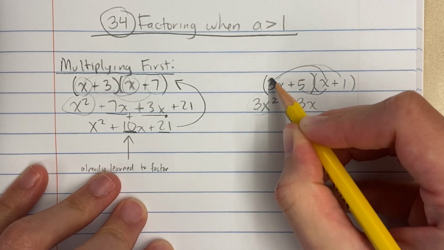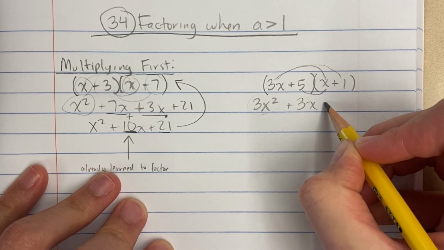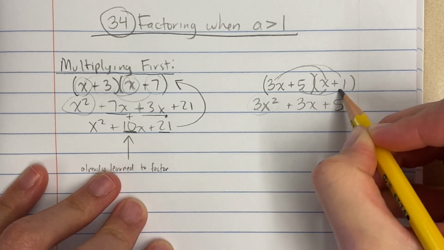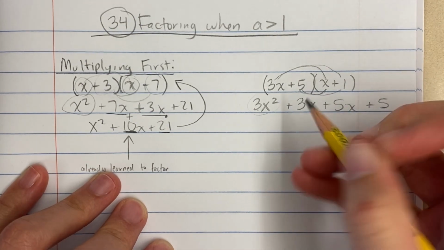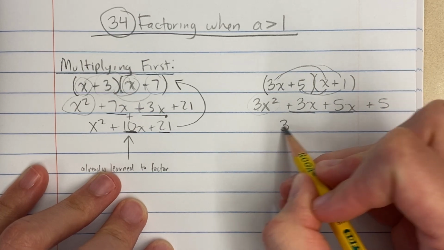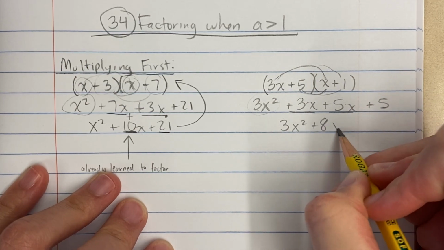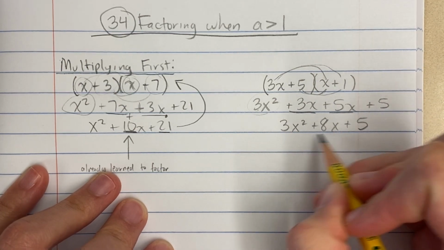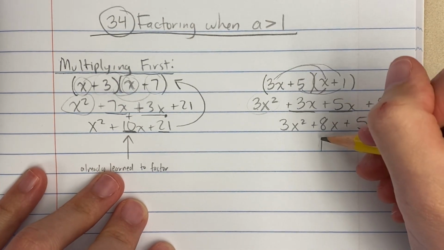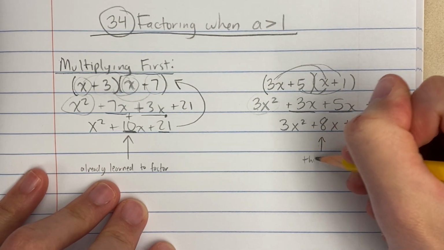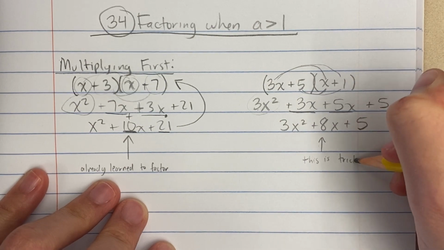3x times 1 is 3x, 5 times x is 5x, and 5 times 1 is 5. Then I combine like terms, so now I end up with something like this. Now, this we haven't learned to factor yet, and this, unfortunately, is trickier.